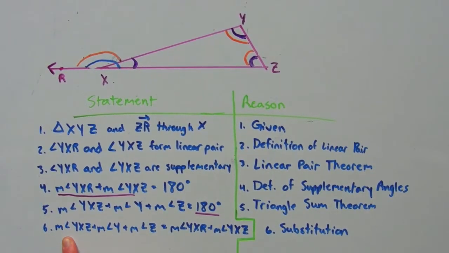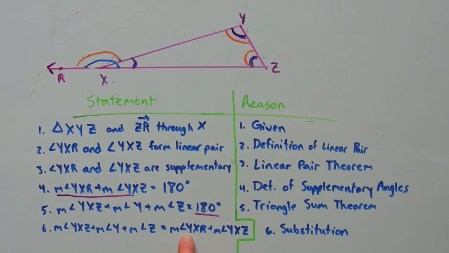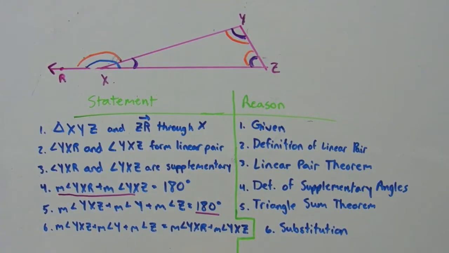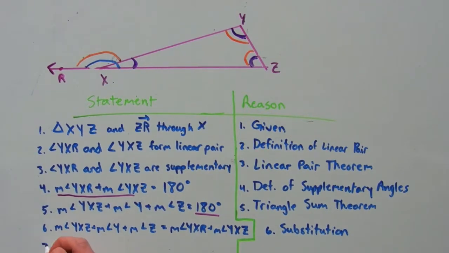So now we have the measure of YXR plus the measure of angle Y plus the measure of angle Z equals the measure of angle YXR plus the measure of YXZ. The measure of angle YXZ is expressed on both sides of this equation, so we can use the subtraction property to remove it.